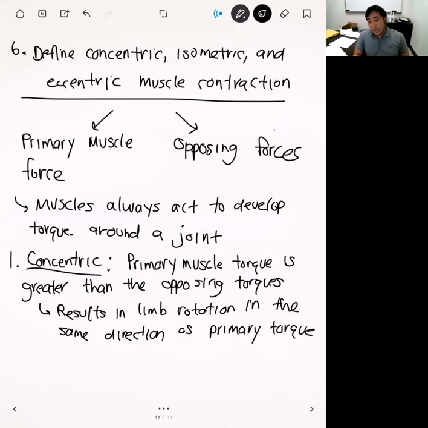So basically, whenever your muscle succeeds in moving a limb in the direction that it's contracting in, we call that concentric contraction.